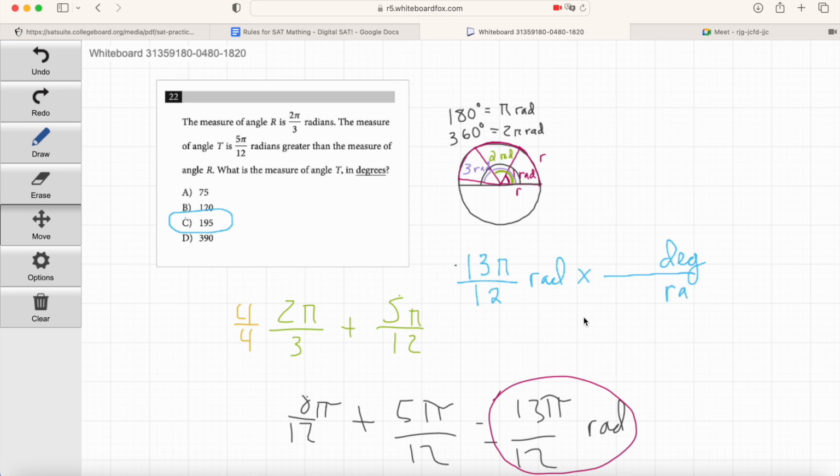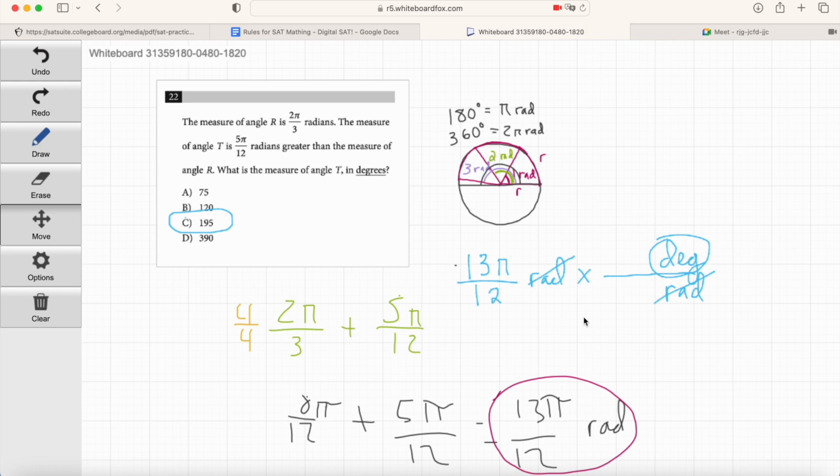The reason we put radians in the denominator and degrees in the numerator is that, just like you can cancel out terms if you have the same term in the numerator and denominator, you can also cancel out units. We've got radians in the denominator and radians in the numerator, so the radians cancel out and we're just left with the degrees. Does that make sense?